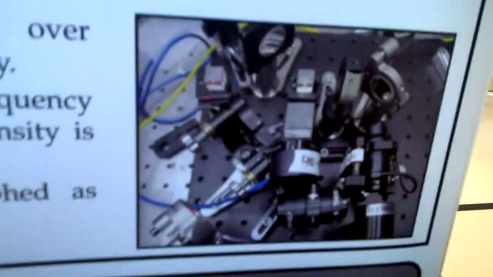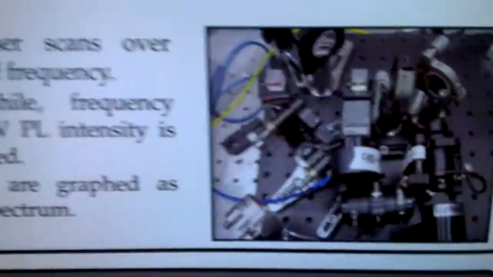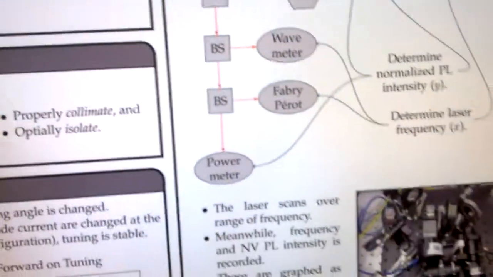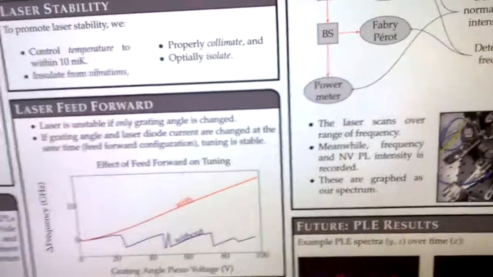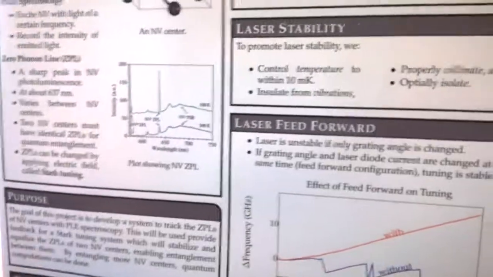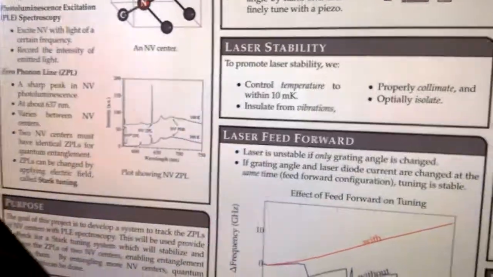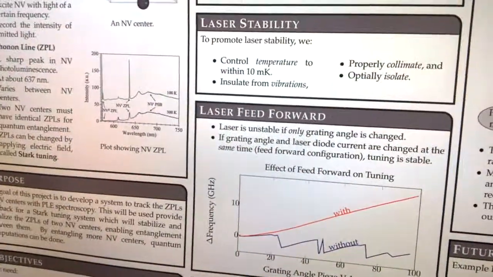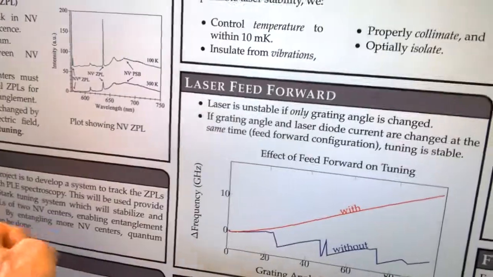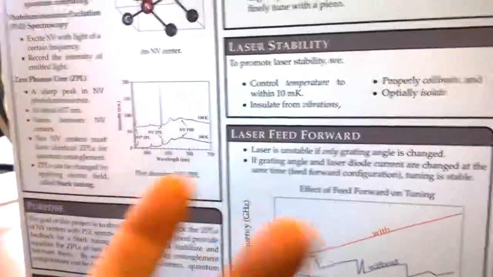Okay, PLE setup. This is the design, and this is what you get here. This whole bunch of junk here. How does this help you build a computer? Did I mention that the zero phonon lines of two NV centers have to be identical to create entanglement? No. Okay, entanglement. By entangling more NV centers, quantum computations can be done. So we're interested in entangling these things.